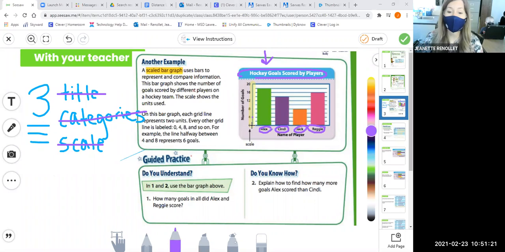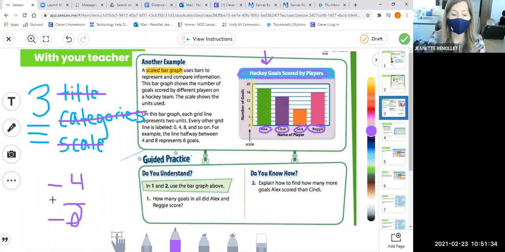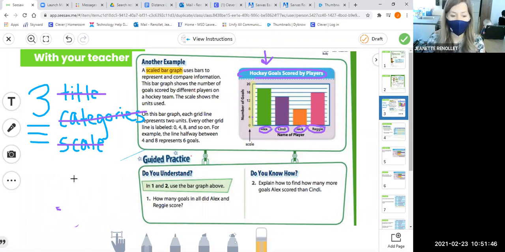So our scale is not actually counting by 4s because it goes 0, line, 4. This is the first mark, which is actually 2. We are going to be counting by 2s with this graph. Sometimes when someone makes a graph, they don't write all of the numbers on the scale to save some space.